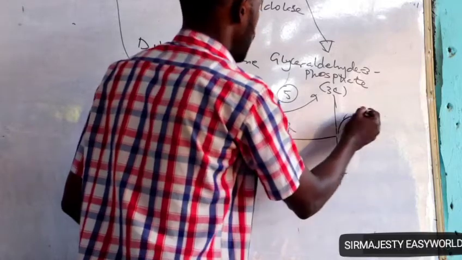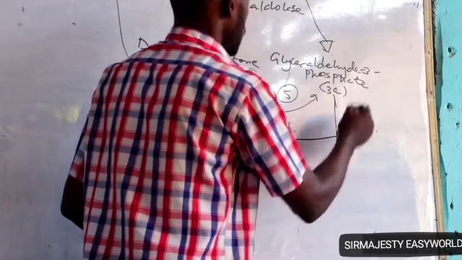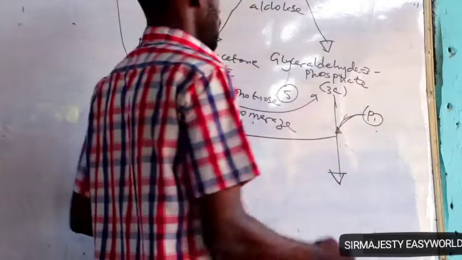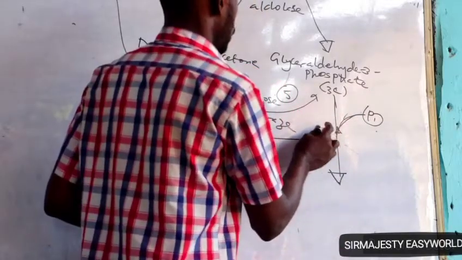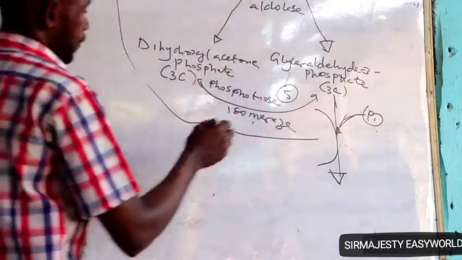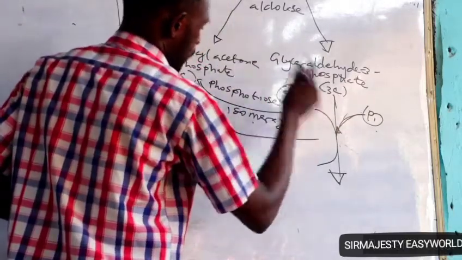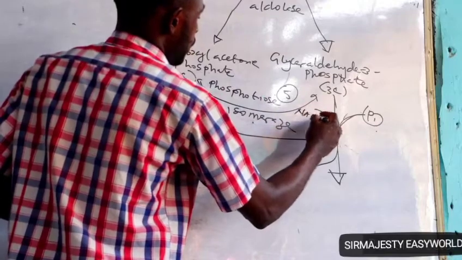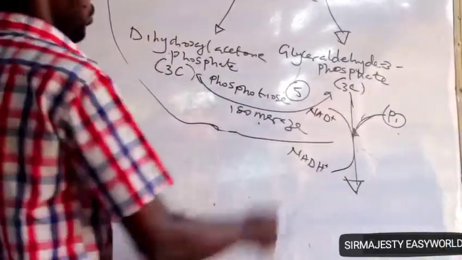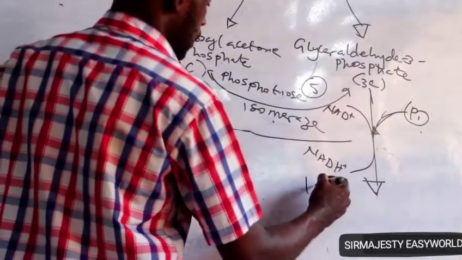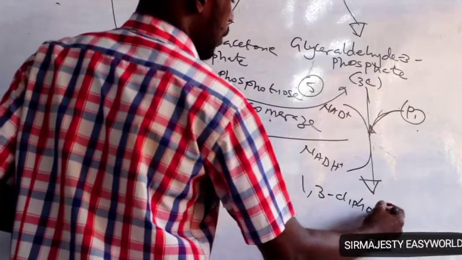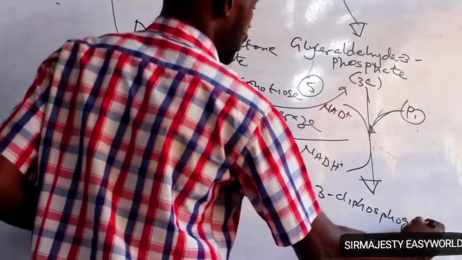Thus, an inorganic phosphate is added to it. Inorganic phosphate enters into it. Then there is a reduction also of NAD to NADH to form what we call 1,3-diphosphoglycerate.